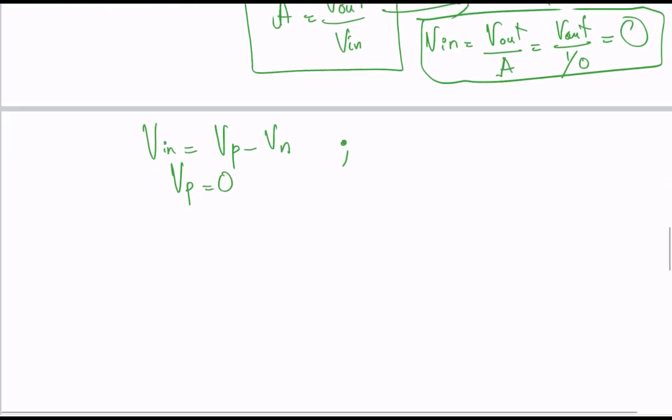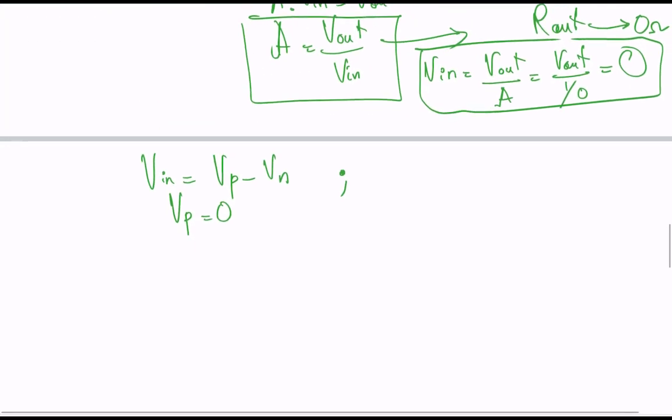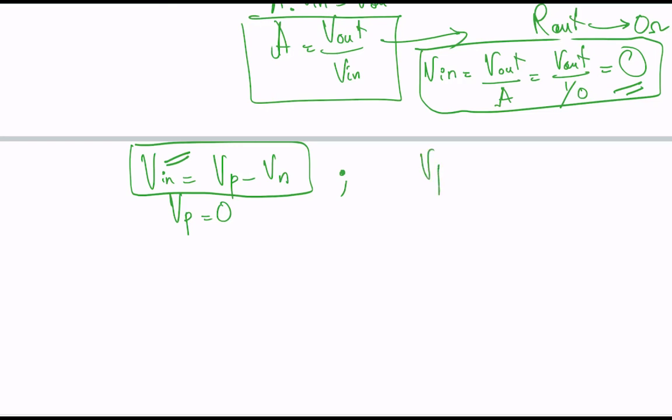Now, because Vn is equal to Vp minus Vn, we know Vn is going to be 0, which would mean Vp is going to be equal to Vn, right? If I push this Vn to the left hand side, I get Vp equals to Vn. And because from the circuit we know Vp is equal to 0, that would mean Vp and Vn are both going to be 0 volts, correct?